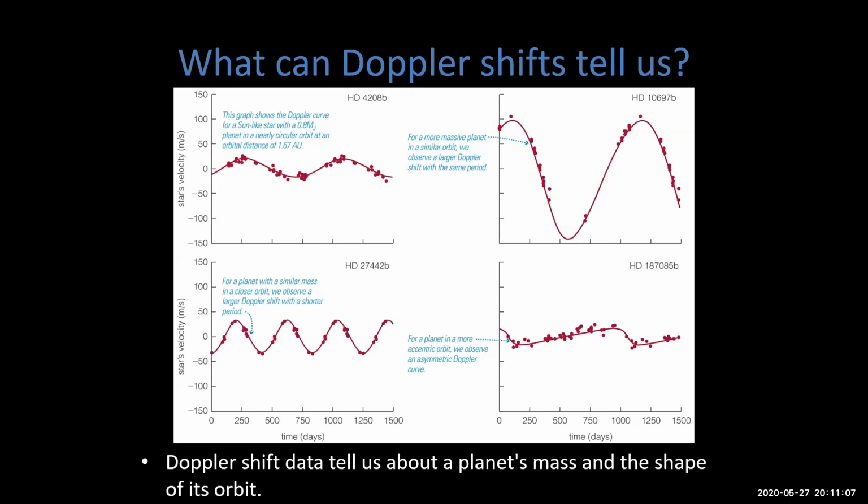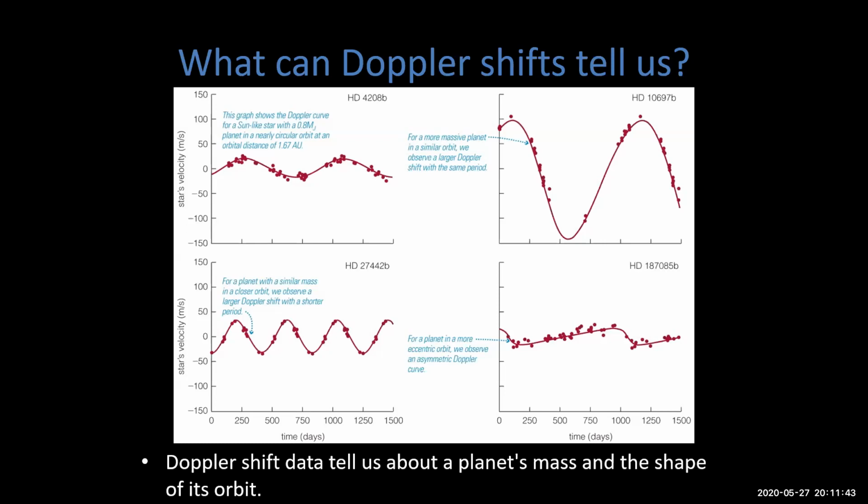It's based on the shift in their spectra, redshifts and blueshifts in the spectra as the planet's gravity pulls and pushes the star as the planet orbits. And this shift in the spectra is what's plotted in these graphs. Based on the shape of the graph you get from this, it tells you a lot about that planet.